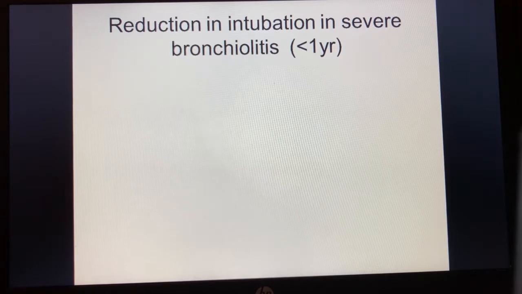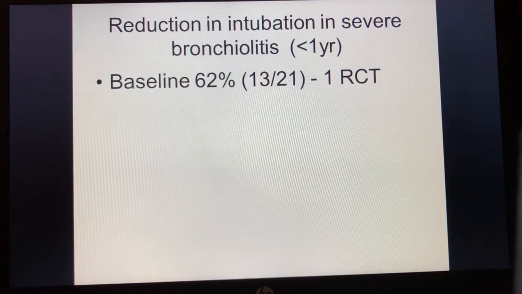So we know that bronchiolitis is the most common condition for acute respiratory failure in childhood, and there have been some limited studies showing that there's a reduction in intubation in severe bronchiolitis.